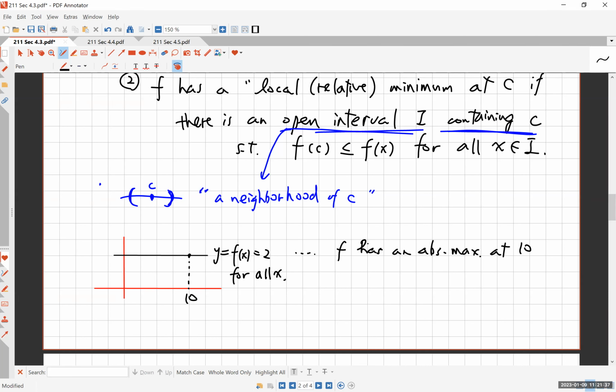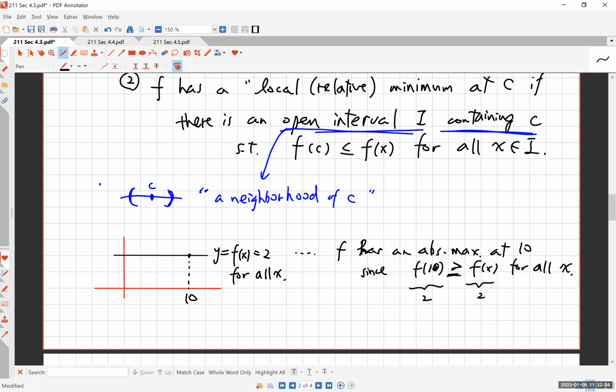Now, if you claim this, you are saying f of 10 is greater than or equal to f of x for all x. Is that true? Yes, f of 10 is 2, and f of x at any point is 2. 2 is greater than or equal to 2, so it is true.